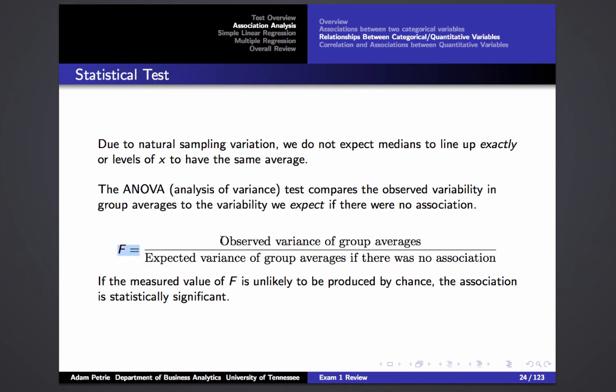The F-statistic is the ratio between the observed variance in the group averages, how different they are, to the expected variance of the group averages had there been no association. So the larger the value of F is, the more evidence you have for an association, because there is greater variability in group averages compared to what you would have expected if there was no association going on.